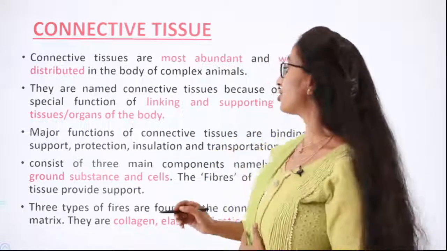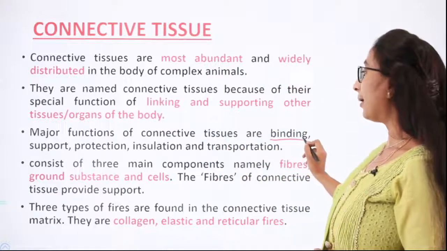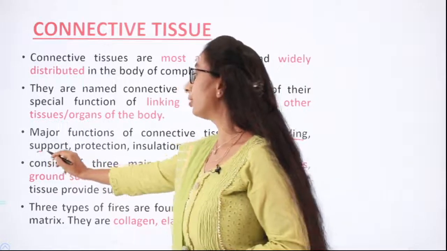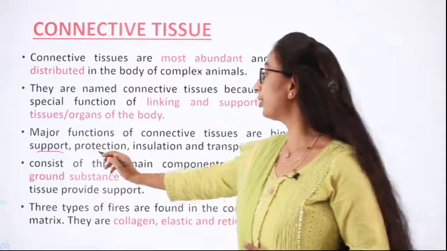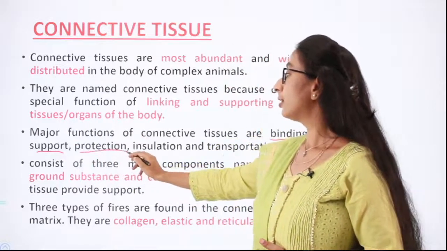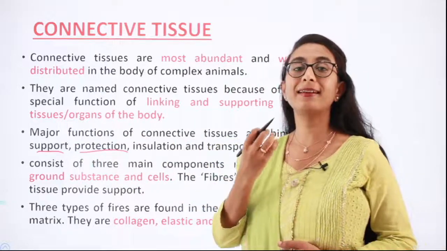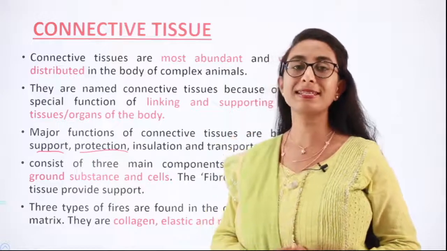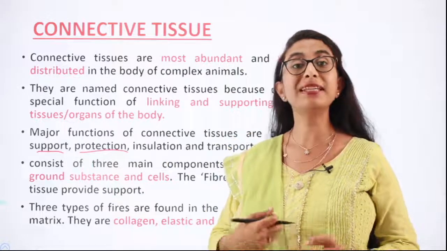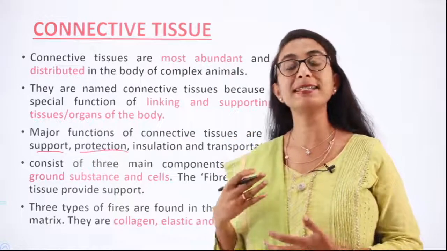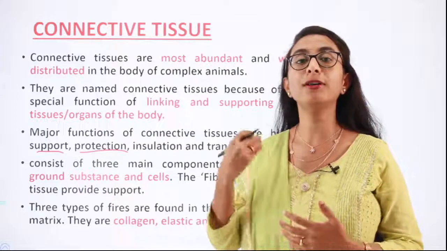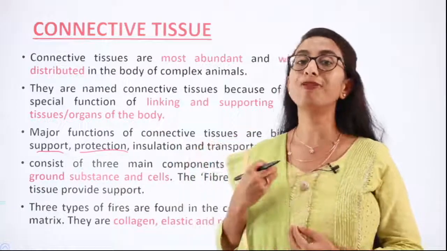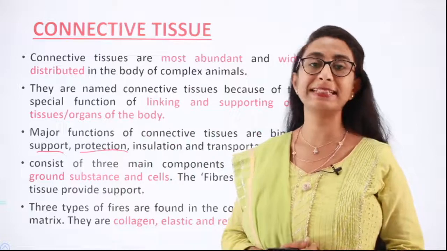So the functions of connective tissue include binding, support, okay, it provides support, and protection. We have certain cells in the connective tissue like the mast cells and macrophages, which are basically immune cells which protect us from the bacterium or other organisms which are trying to infect us and create disease in us.